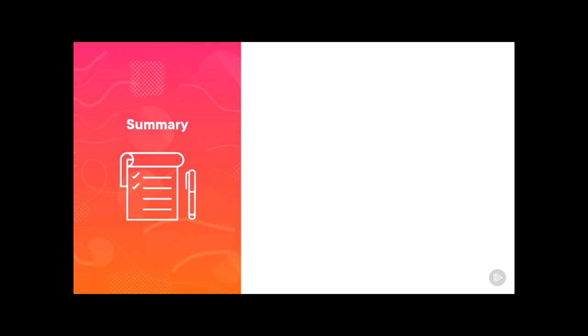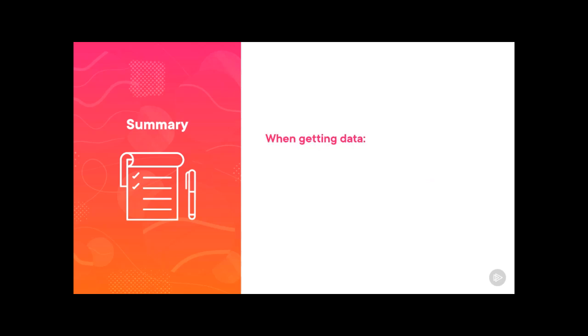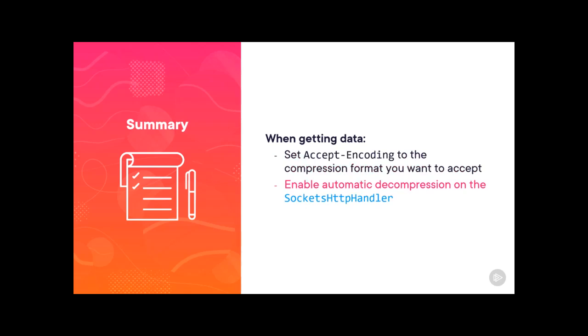When you enable compression, the data that is sent over the wire is smaller, which results in less bandwidth consumption and thus often faster performance. If an API supports compression, it is sufficient to set the accept encoding header to the compression format we want to accept and to enable automatic decompression.